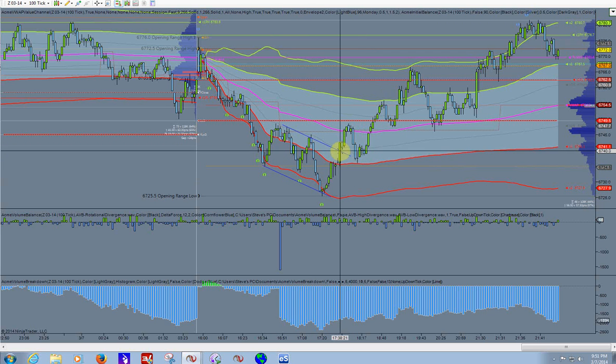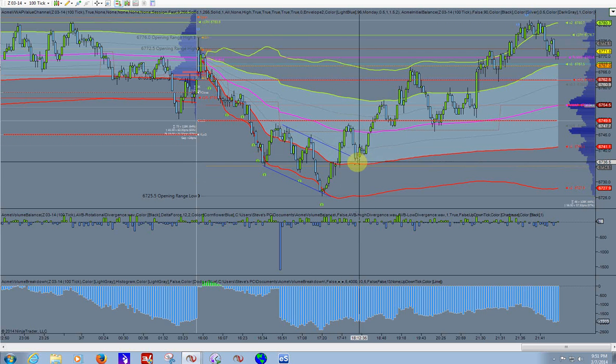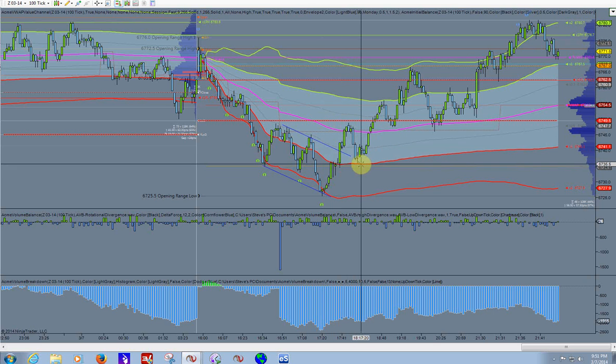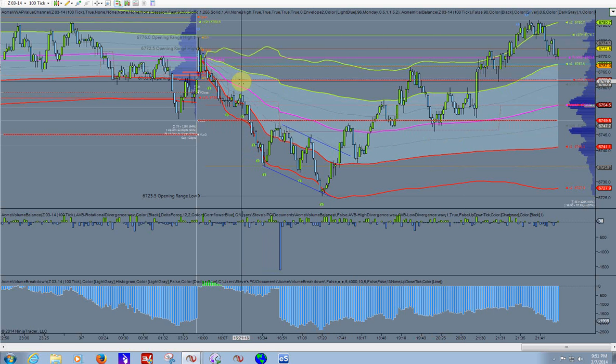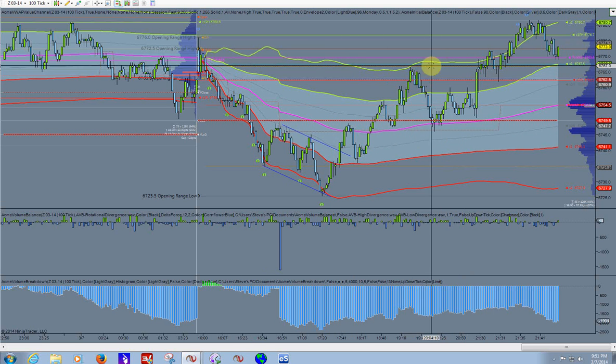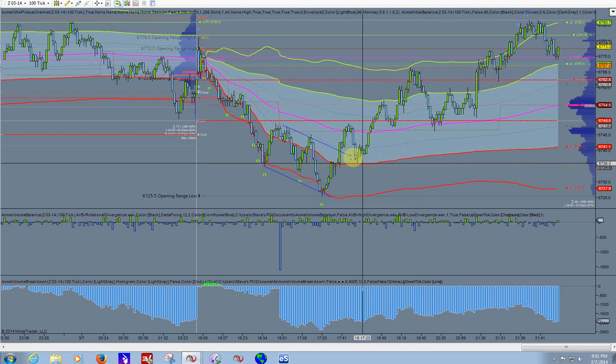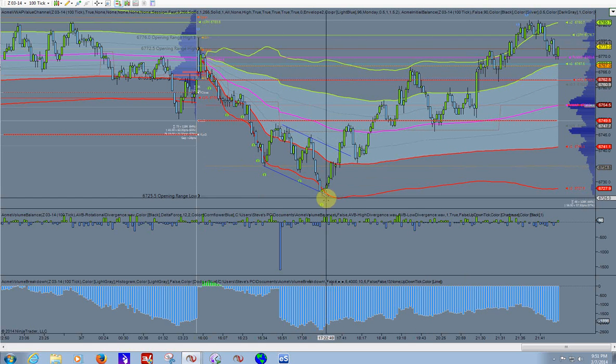Same thing here, you take the break, and then you can add to it here, or you can just wait for this one, and then your target is usually where you broke down from. In this case, we went all the way back up to the second standard deviation. Anyway, that's what I call the hockey stick, and hey, works for me.